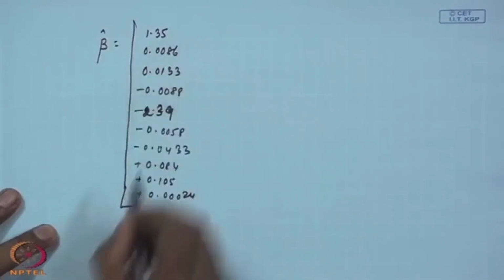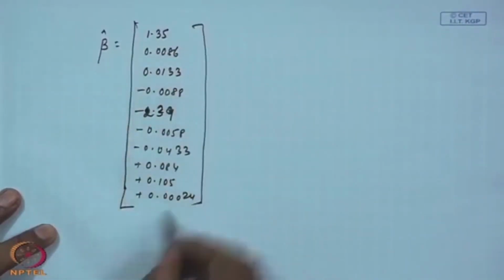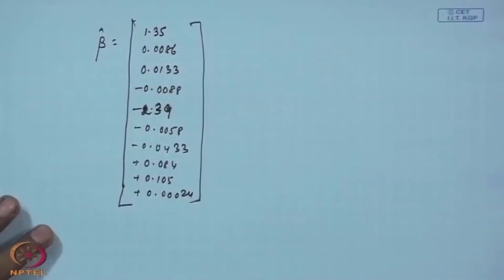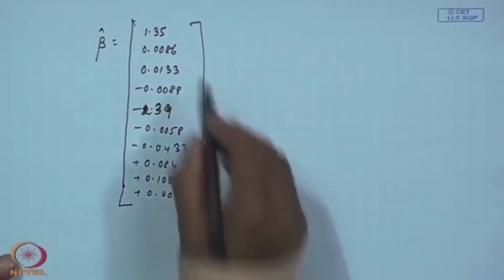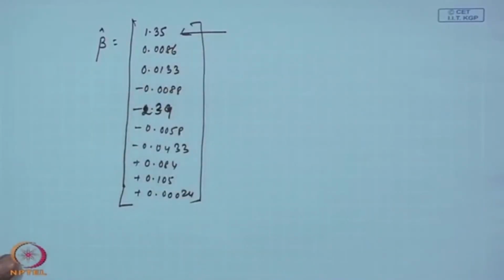So, this is your beta value for the regression equation we found out. Okay. So, this is related to the constant and all those things, fine.